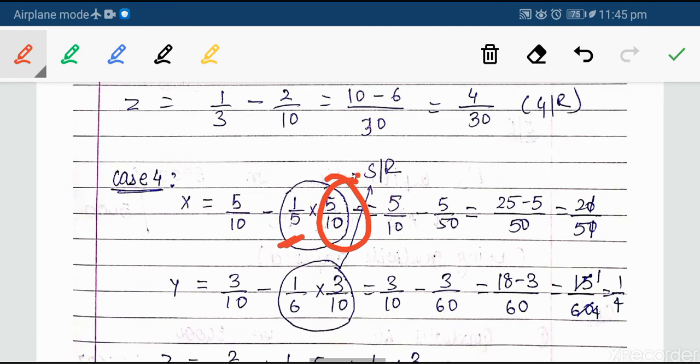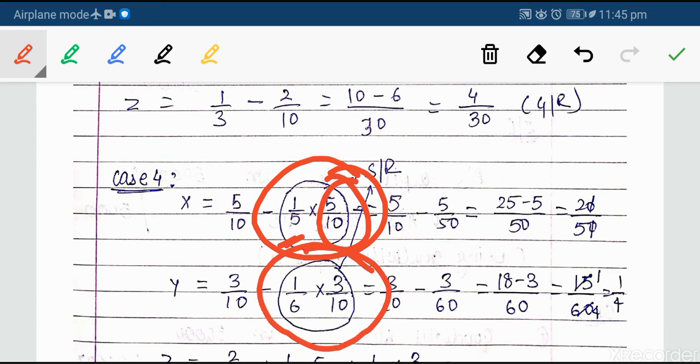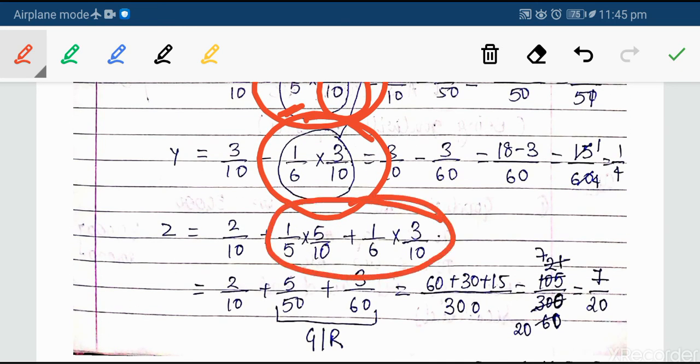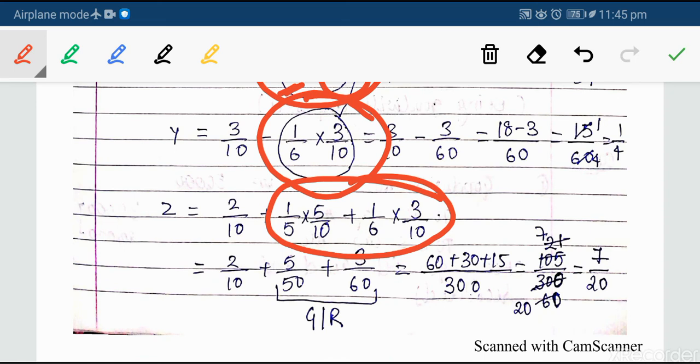So this is X's sacrifice ratio, this is Y's sacrifice ratio, and this is Z's gaining ratio. We have to be very careful about all these things.